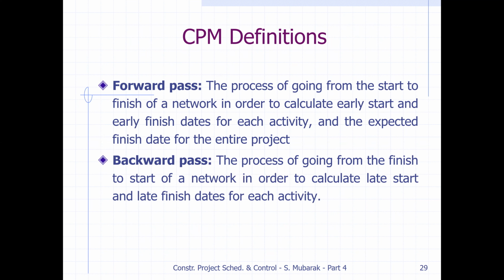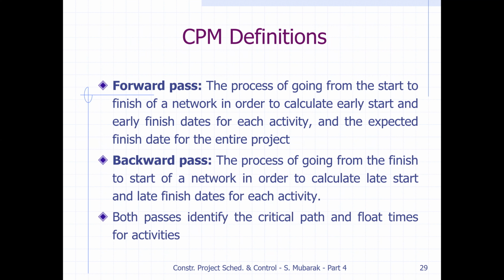Then there is the backward pass, which means we find the late start time and late finish time of all the activities. The definition is the process from the finish to start of a network in order to calculate the late start and late finish date for each activity. Both passes identify the critical path and float times for the activities. Once we have done the forward pass and backward pass, then we can find the total float.